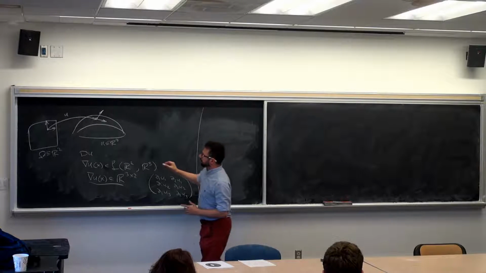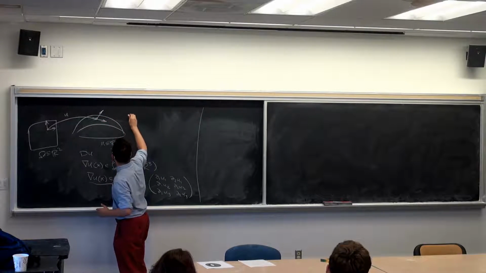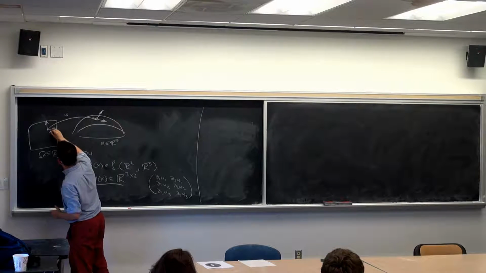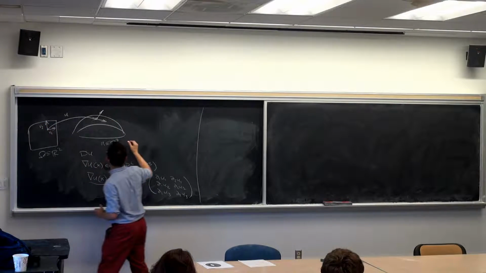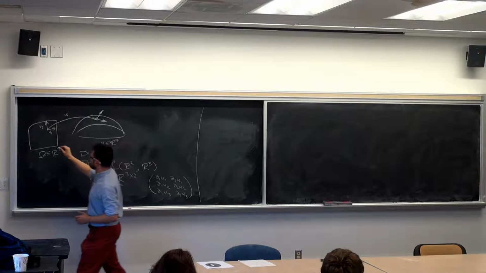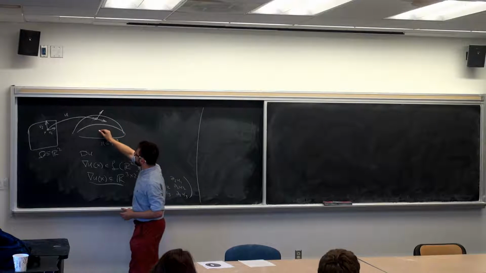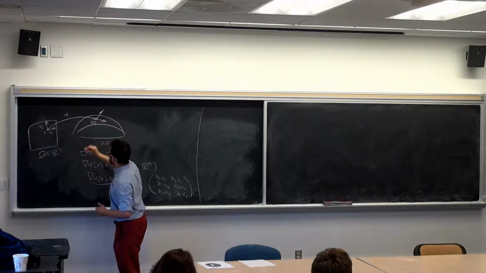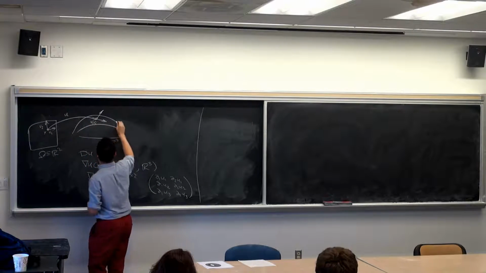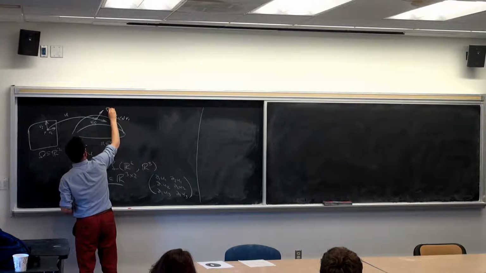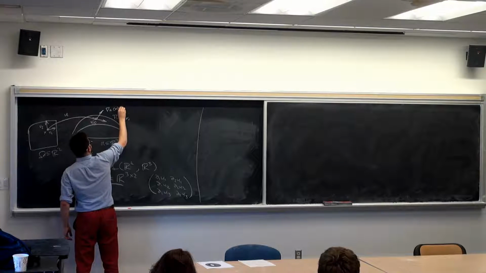So if I have two vectors, V1 and V2, and I'm sitting at a point x, then at this point U of x, the associated tangent vectors are grad U_x of V1 and grad U_x of V2.